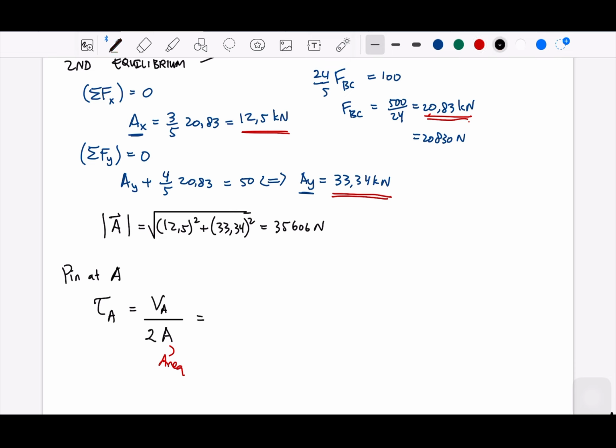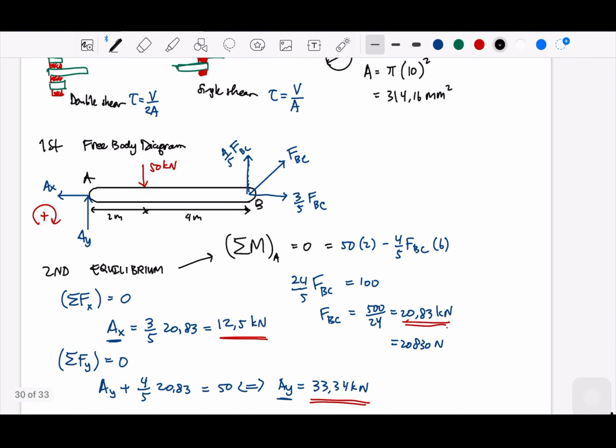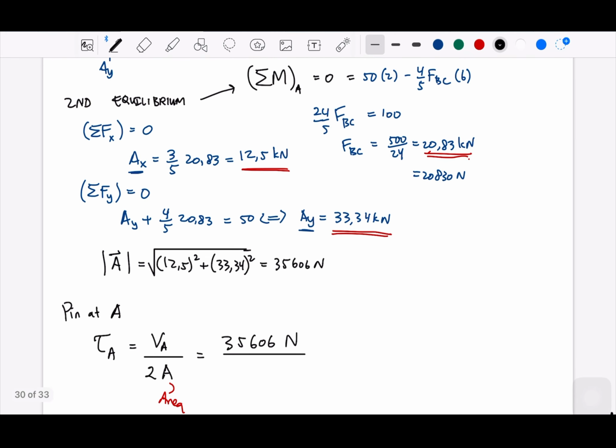So we can write the shear at A is 35,606 Newton. And then the area is 314. Okay. 2 multiplied by 314.16 millimeters squared. Okay. You can compute.